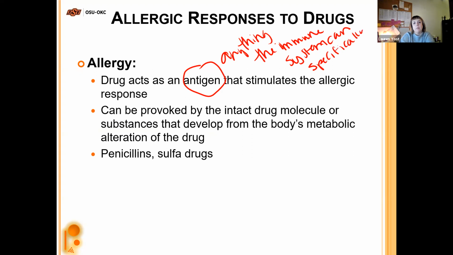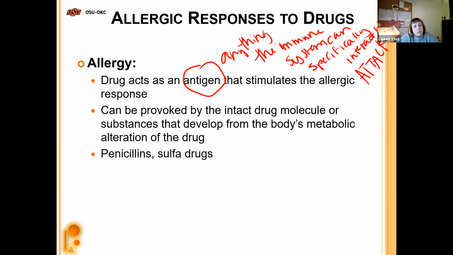Not always bad, but usually it's anything the immune system will attack. That is what it's doing here. It's looking at the drug as something that it needs to attack. So it's foreign, and the immune system sees it that way. That's what antigen is talking about. The immune system is reacting to it.